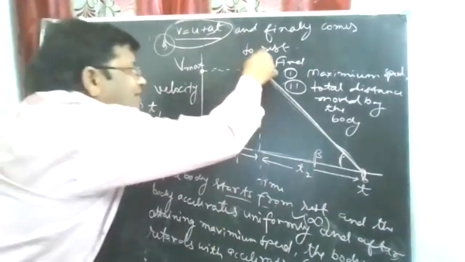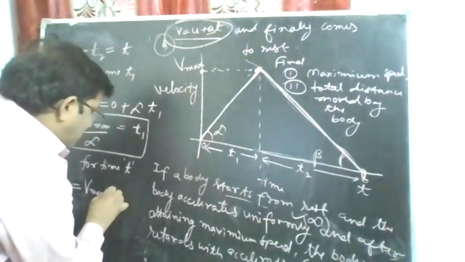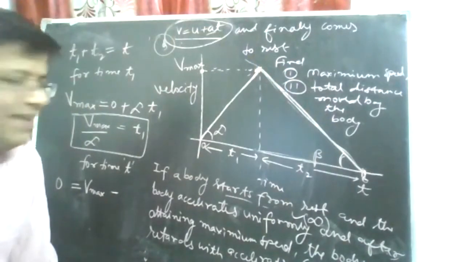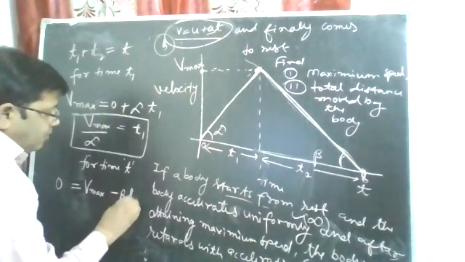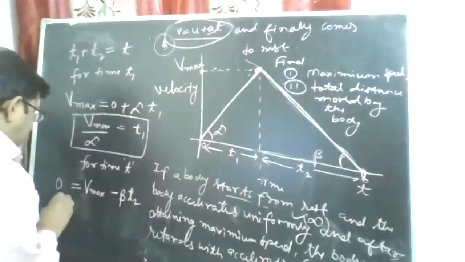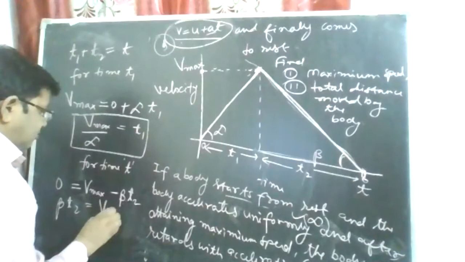Beta, what has happened here? Retardation has happened, so v equals u minus at. Minus, since for retardation the acceleration is negative. What is the retardation? Beta. And what is the time? t2. Minus from this side, this becomes plus beta t2 equals v maximum.